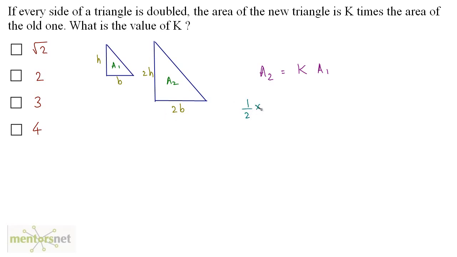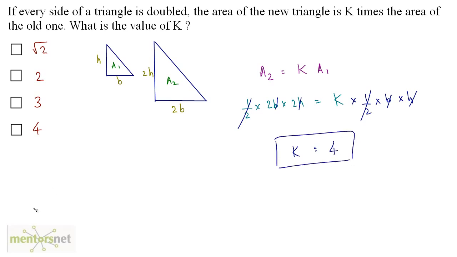So half into base 2b into height 2h is equal to k times A1, which is half into base into height. Okay, so this half and this half go out, bh and bh go out. What remains is k is equal to 2 times 2, that's 4. So the value of k is 4, option D.